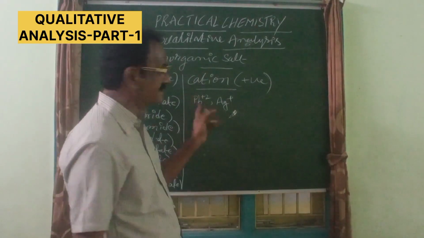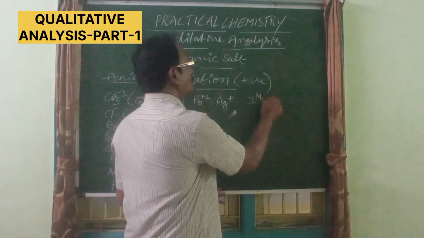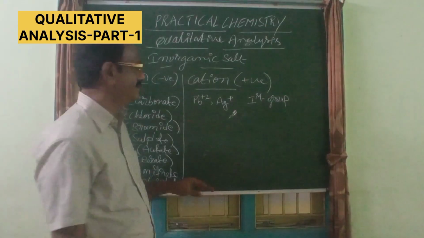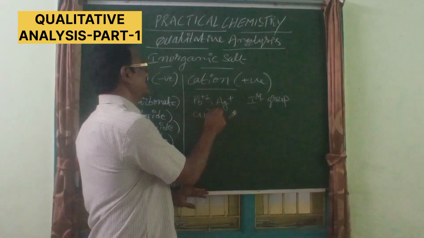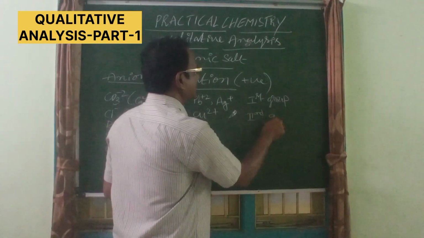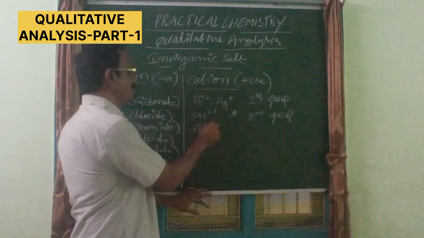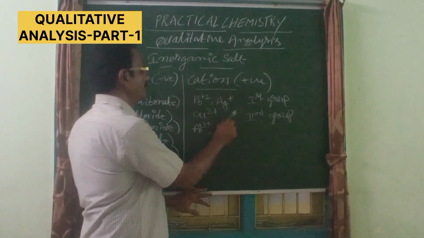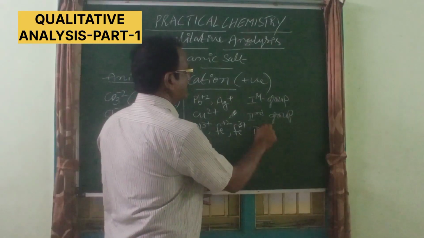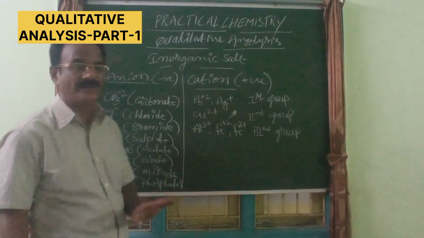These two ions come under first group cations. Let us see Cu2 plus, second group cation. Al3 plus, Fe plus 2, Fe plus 3, third group cations.